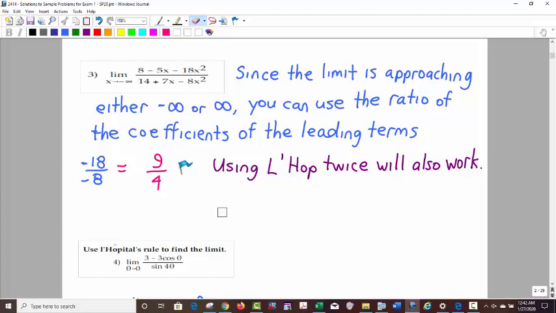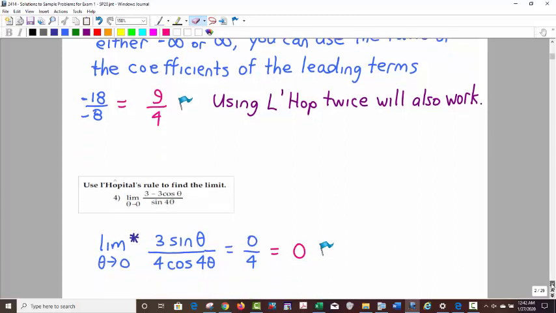Positive 9/4. But you could use L'Hopital's rule twice if you wanted to. However, you really would want to use this approach. Let's say if it was x to the 10th over x to the 10th, it would be quite cumbersome to take 10 derivatives, but you would get a large number that would reduce to the same answer.